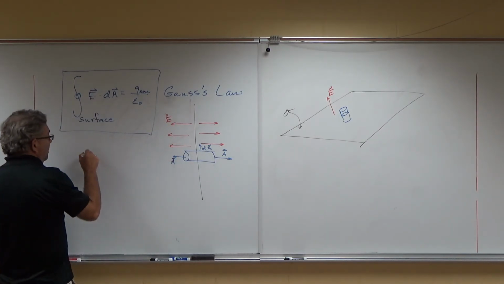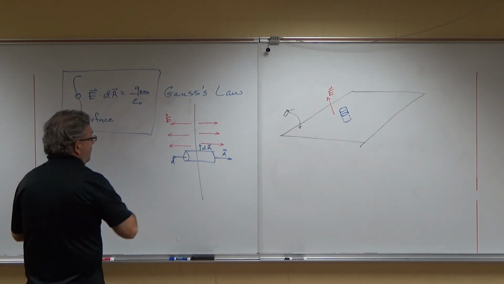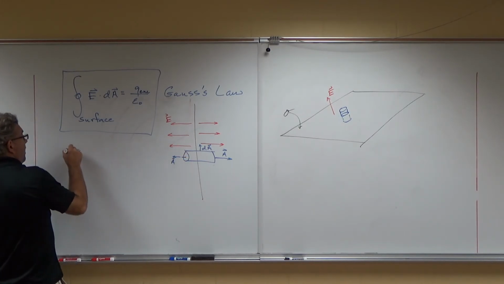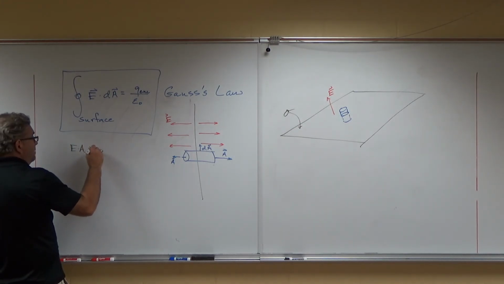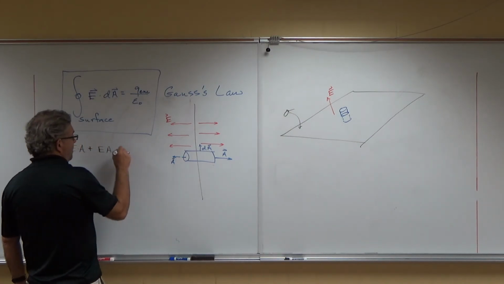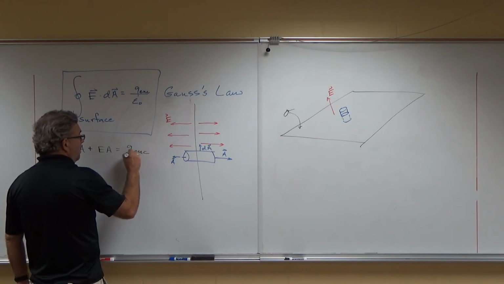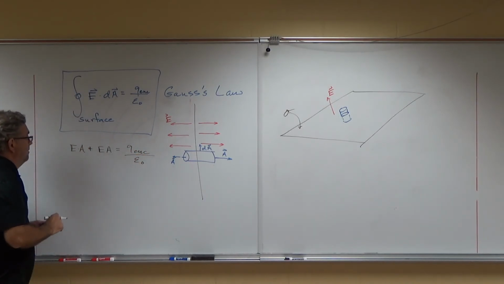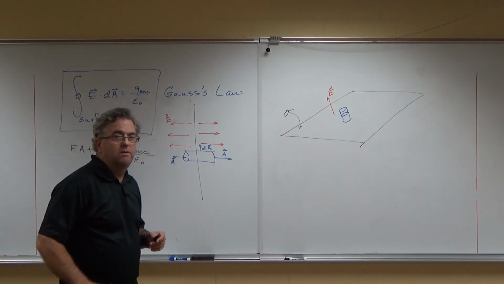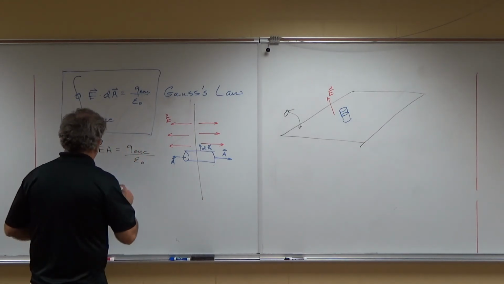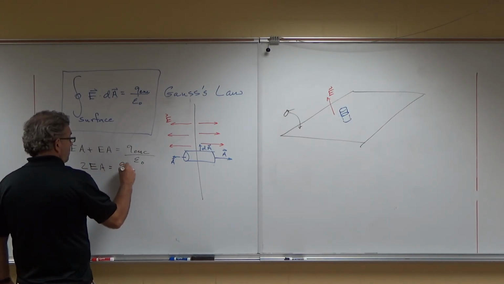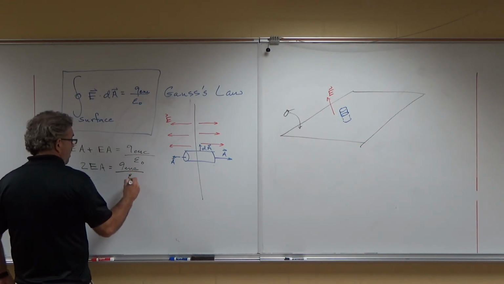If I add up the flux in this cylinder, I don't have to worry about the cylindrical part. I get EA, that's the left end, plus EA, that's the right side, and that is equal to Q enclosed over epsilon naught. This is 2EA, and that equals Q enclosed over epsilon naught.